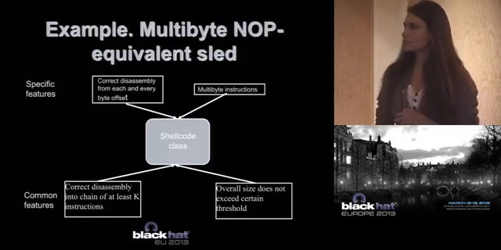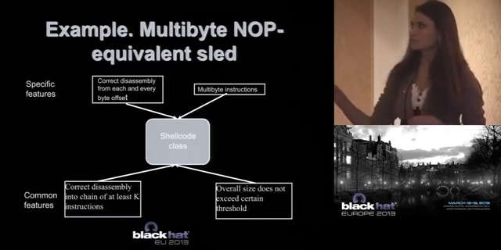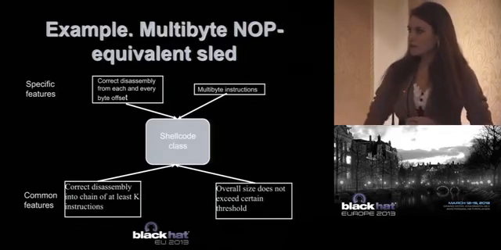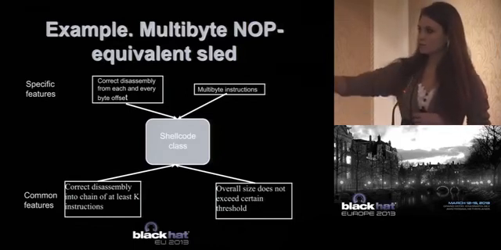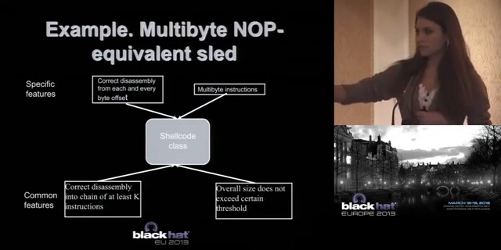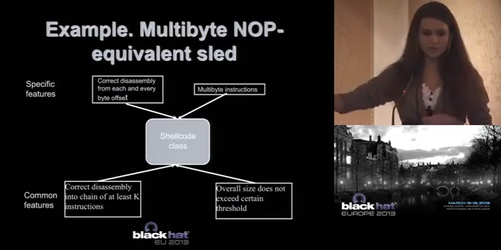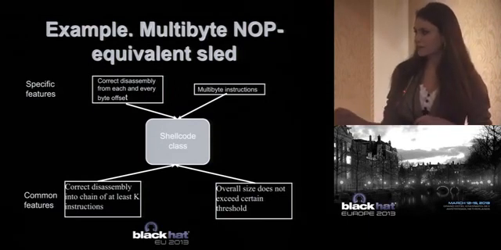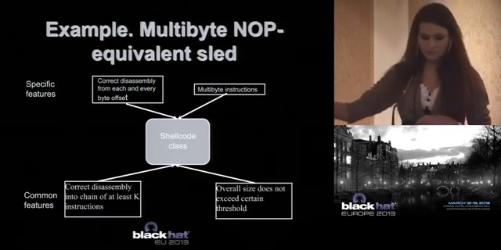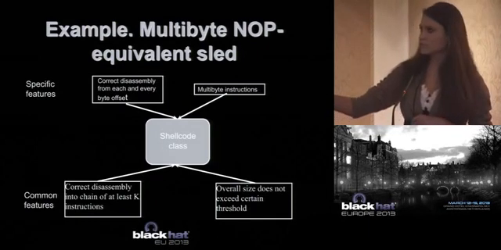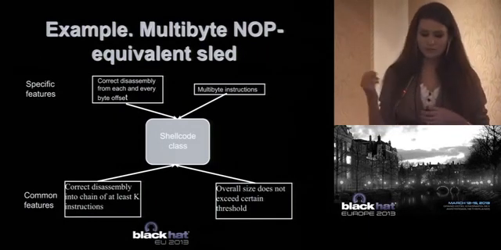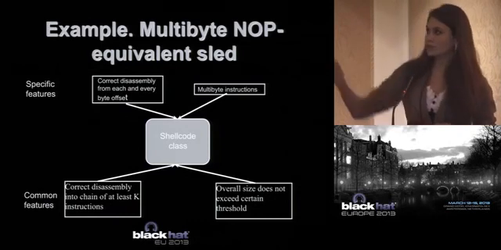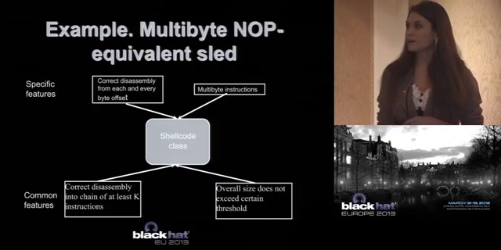Let's consider a simple example. Let's consider classes of multi-byte NOP-equivalent shellcodes. Again, as a program, we have some set of common features: it should disassemble into a chain of relevant size, and it shouldn't exceed the size limitation. As these are multi-byte NOP-equivalent shellcodes, we should have multi-byte instructions, surprisingly.